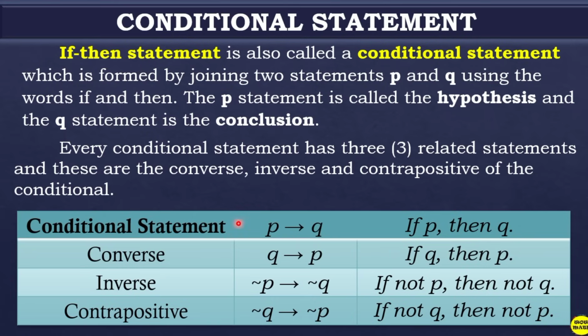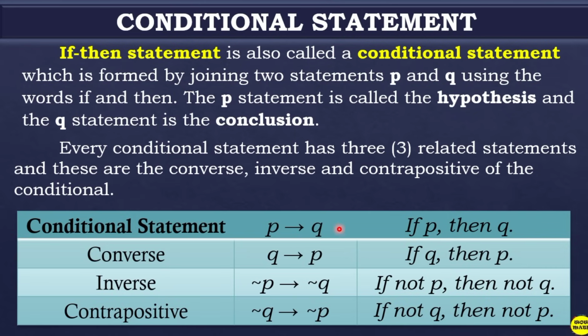Given the conditional statement, if P, then Q. Pag converse, interchange lang natin siya: if Q, then P. Kapag inverse, inenegate lang po natin yung dalawa: if not P, then not Q. And then, pag contrapositive, we are interchanging and negating both. So, babaliktarin mo siya, if Q, then P, pero i-negate mo siya pareho. So, if not Q, then not P.